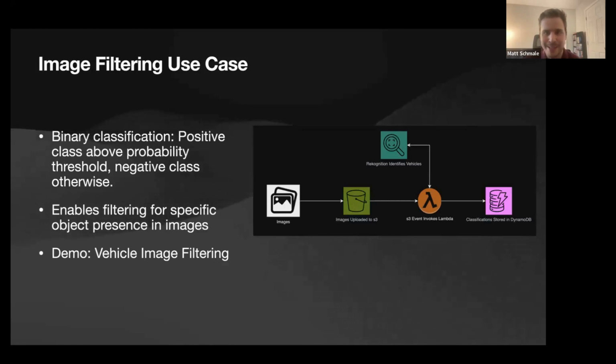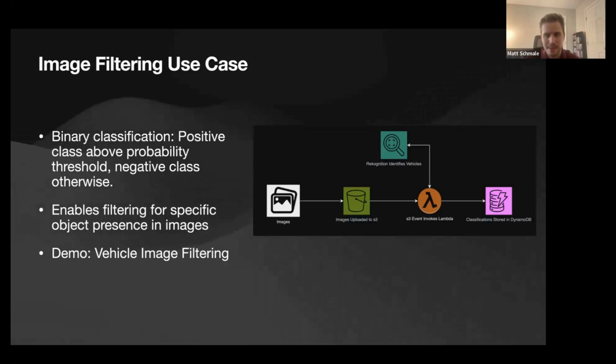Another use case would be if somebody is supposed to upload a picture of themselves, and they're uploading a picture of the ground, you'd be able to filter that out.